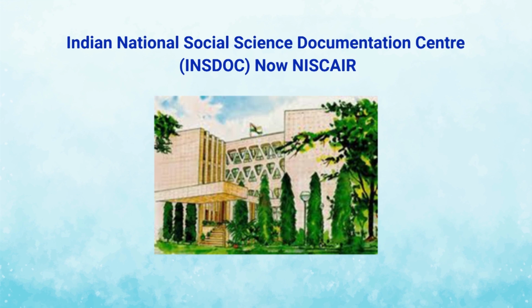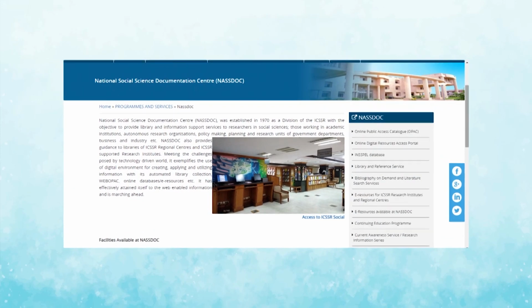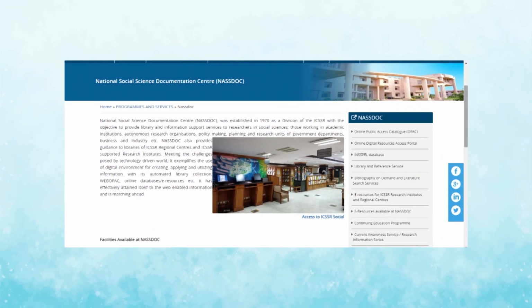It is a national level documentation center of India, and the name of the center is Indian National Scientific Documentation Center, INSDOC, and it now has a different name, it is called NISCAIR. Earlier it was called INSDOC. This is an example of a national level documentation center.